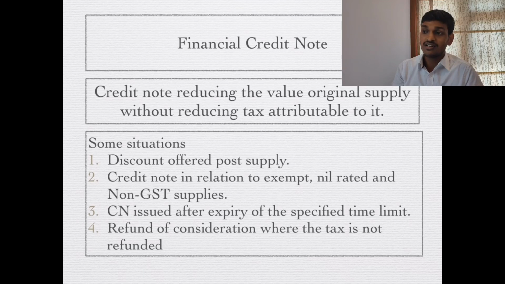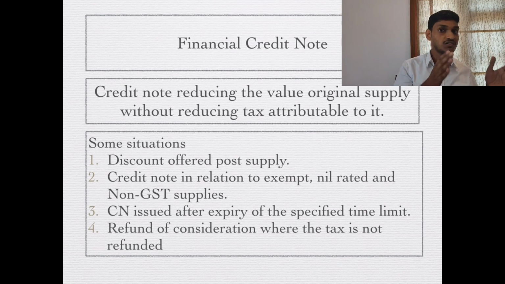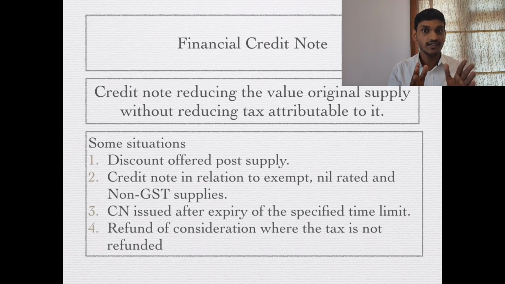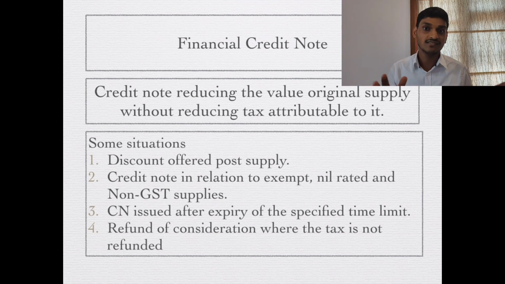Now, some situations of issuing a financial credit note: discount offered post supply. I have said some conditions in section 15, but if that condition is not satisfied, the supplier cannot reverse the tax already paid, right? In that case, when that condition is not met, he can issue a financial credit note and give discount. There is no tax effect.